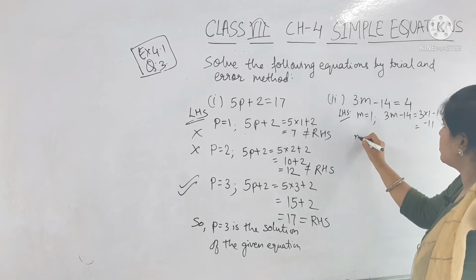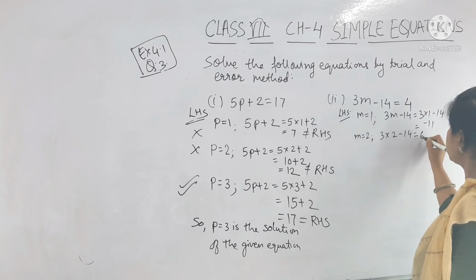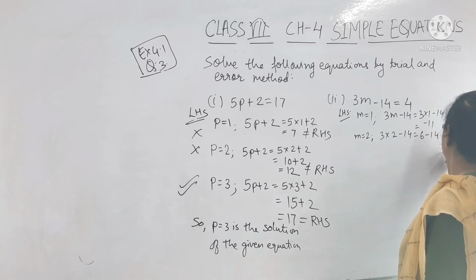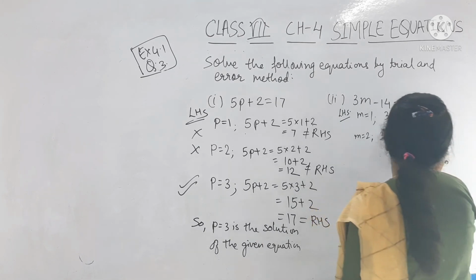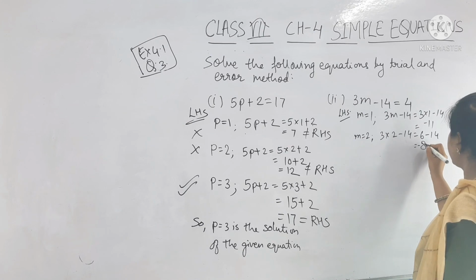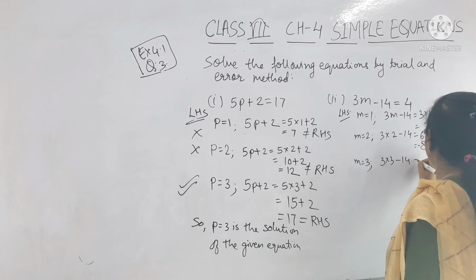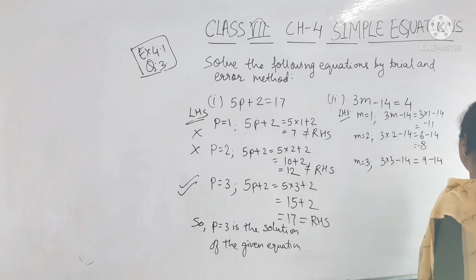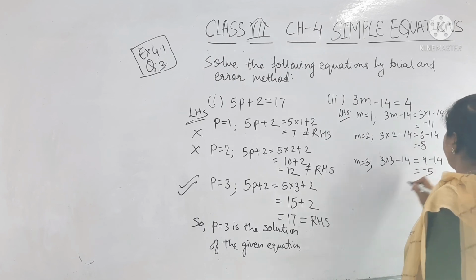Not equal to 4. m equal to 2, 3 into 2 minus 14, that is 6 minus 14, it is coming minus 8. m equal to 3, 3 into 3 minus 14, 3 3s are 9 minus 14, that is equal to minus 5.